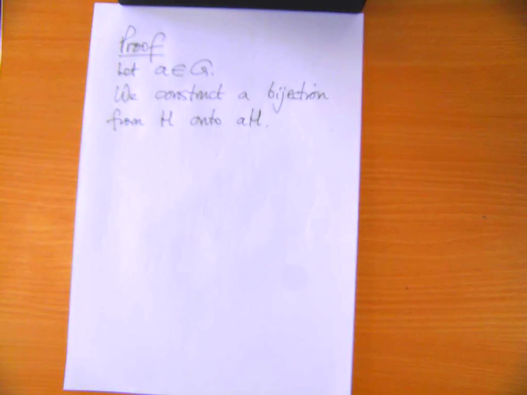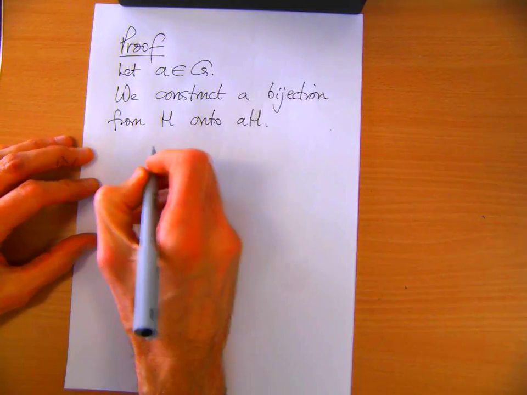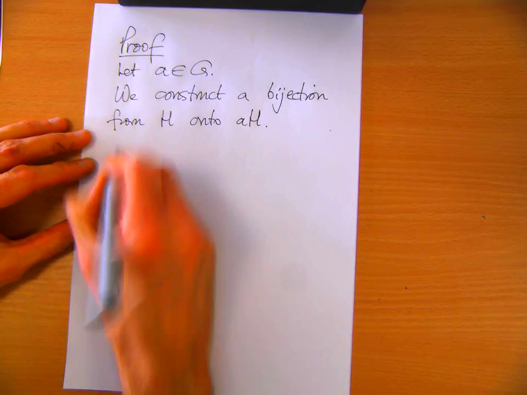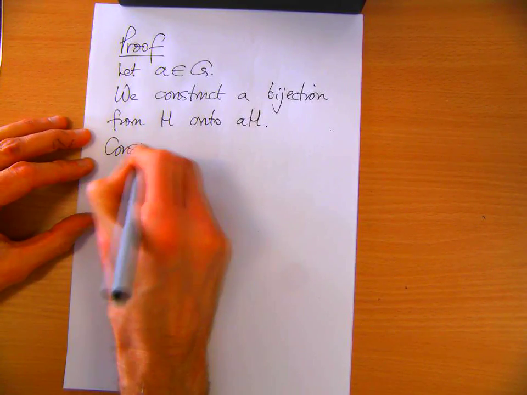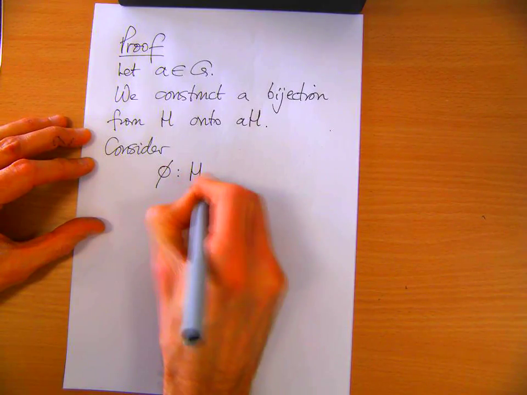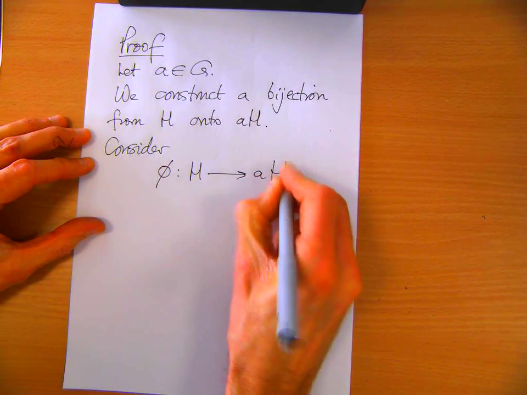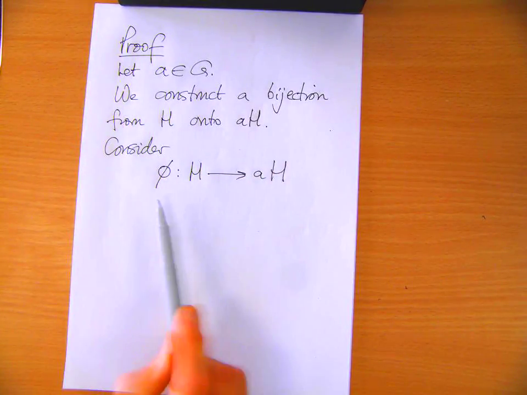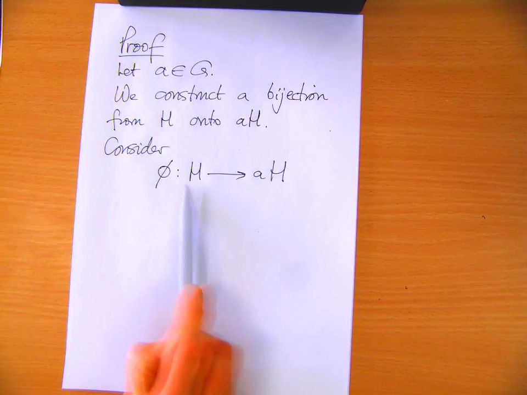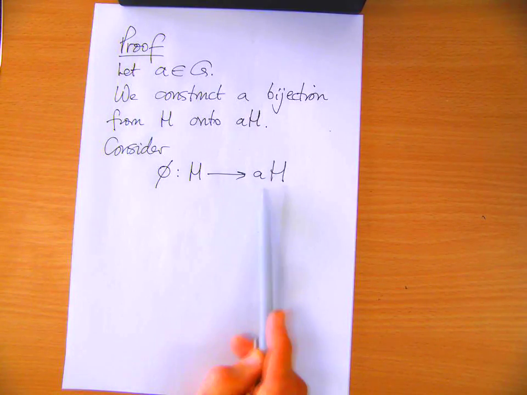Well, in fact, there's a very obvious function to write down which turns out to be a bijection. So let's call it phi. So phi is going to be a function from H, just thinking of this as a set now, into the set AH.